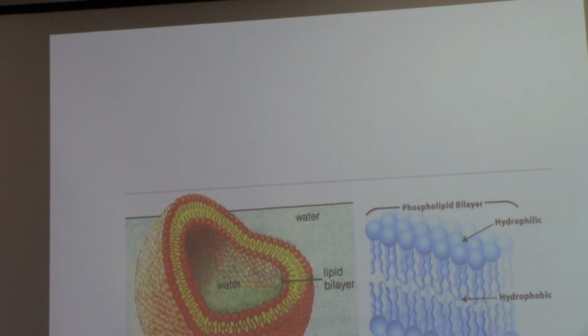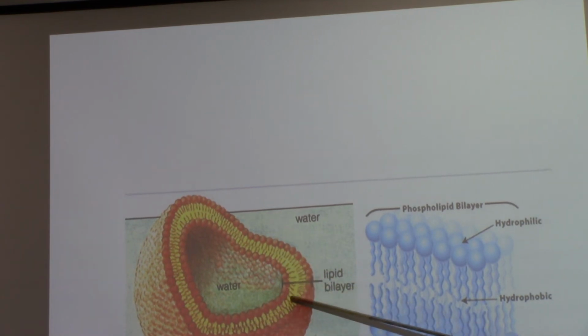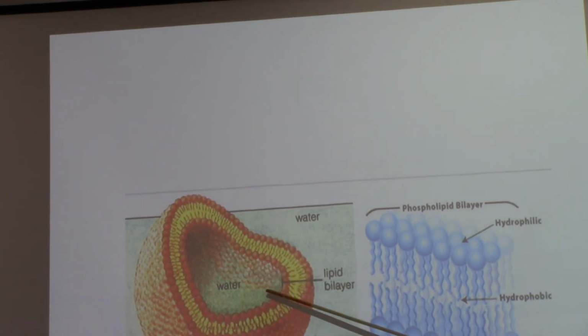And there's a barrier of hydrophobic nonpolar tails that separates the inner water from the outside water. And therefore you have a place to have your cell mechanisms. A cell needs to be by itself where it can do its own job, separate from the rest of the organism.